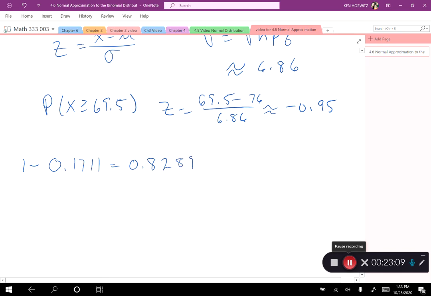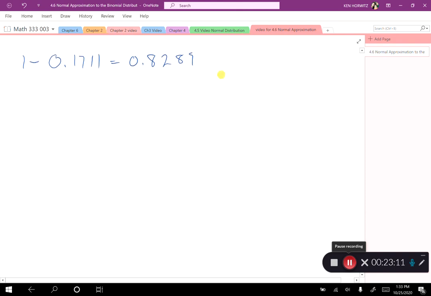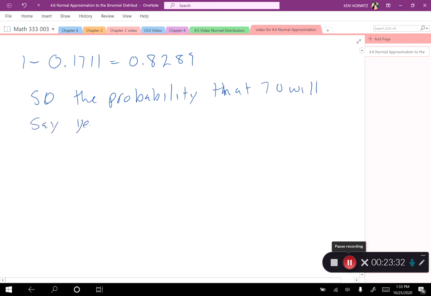All right, so my final sentence will say, the probability that 70 will say yes is 0.8289. And there you go.